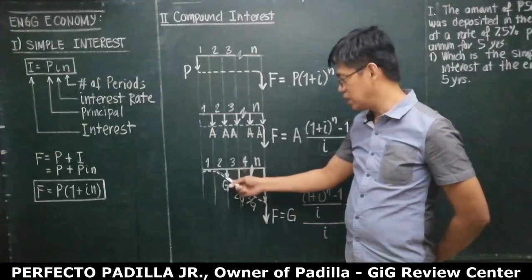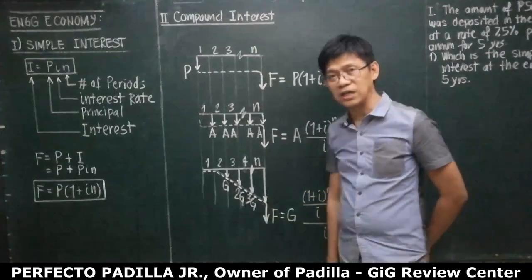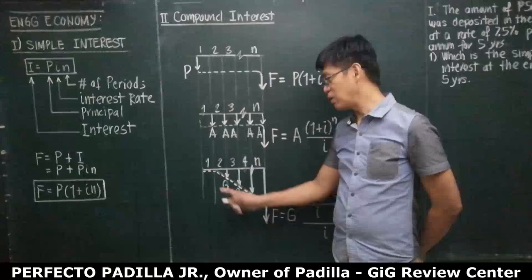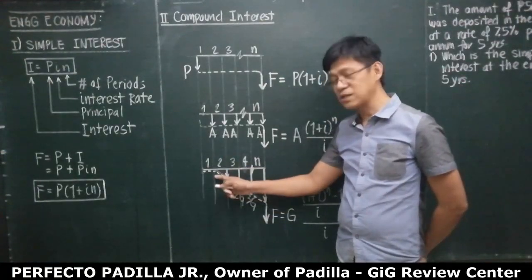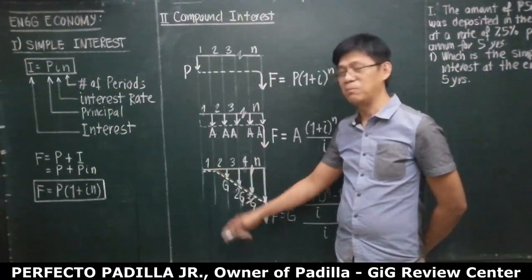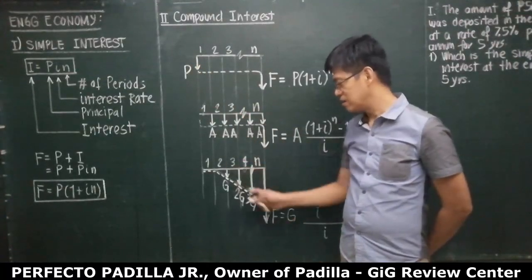So, kung ito ay G, then 2G, 3G, so on and so forth. Every year, nag-i-increase ng G. You follow? Kuha nyo. Pero, ang pagbilang ng time, simula dito, ito yung time 0, kasama sa bilang yung end of first period, kahit walang payment doon. Naintindihan? So, parang concentrated, rectangular, triangular.